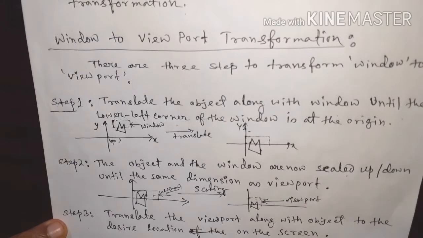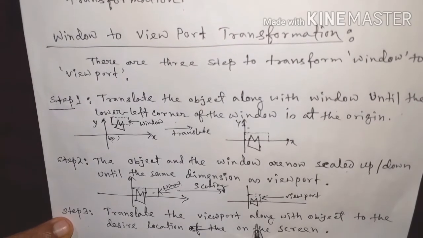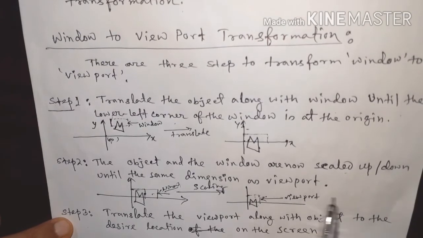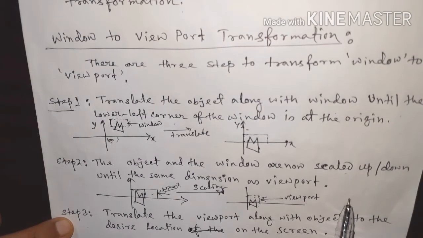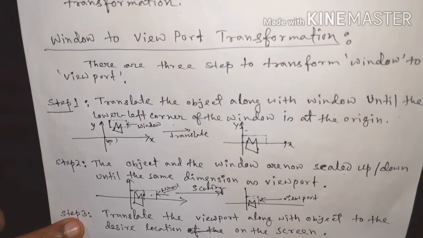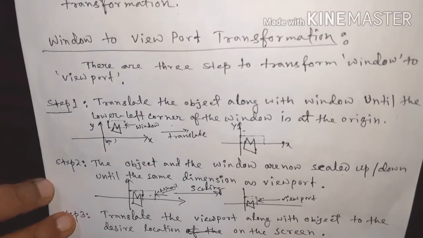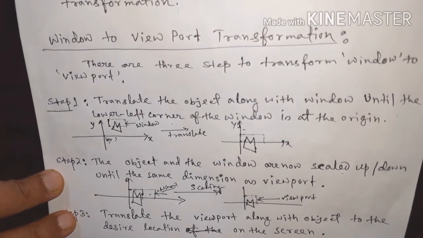Step 3, the viewport along with the object will be translated to the desired position of the screen. So this portion will be translated on the screen where we want to display.